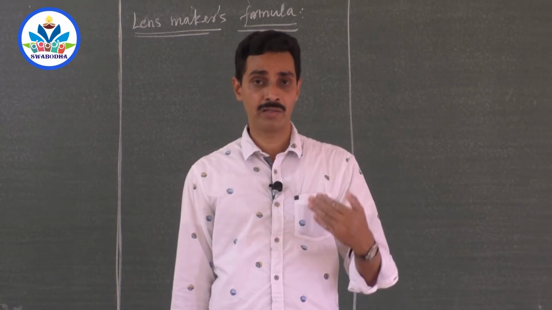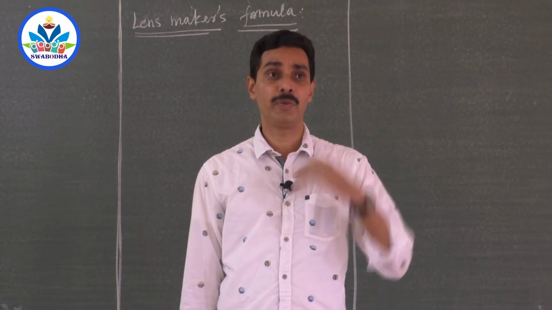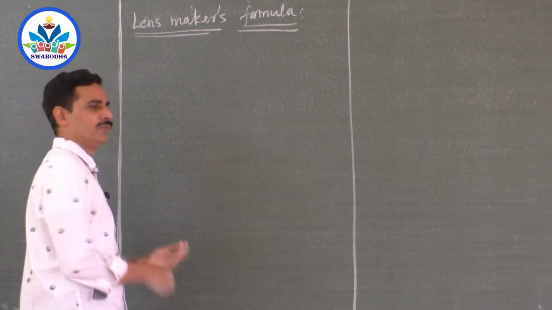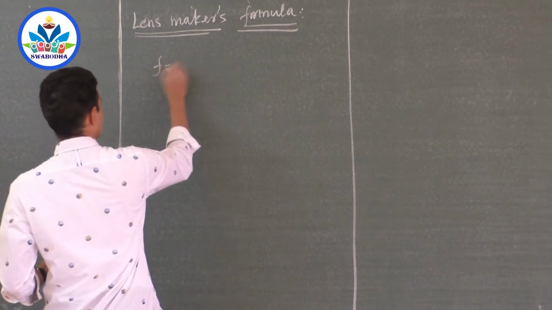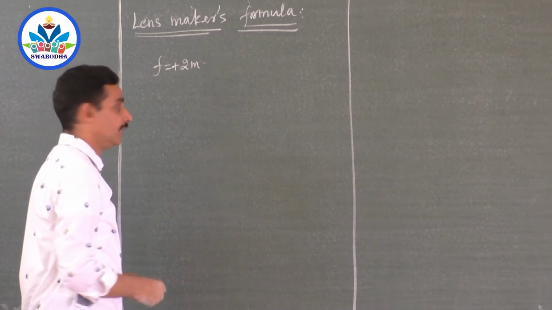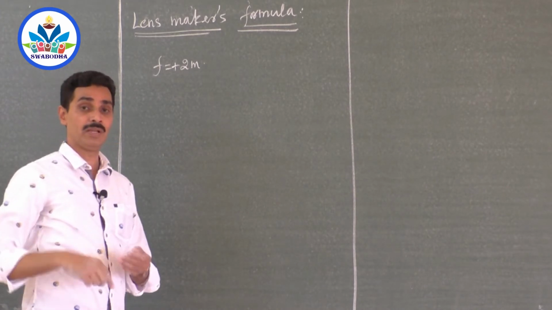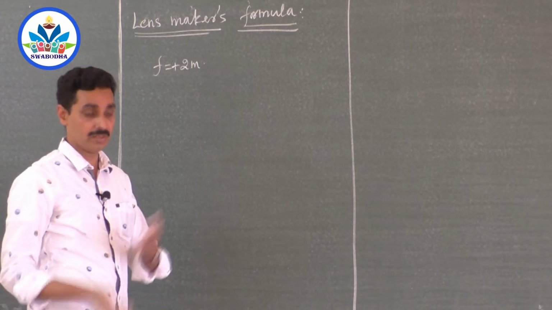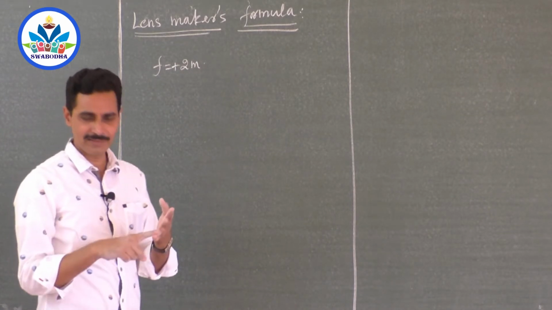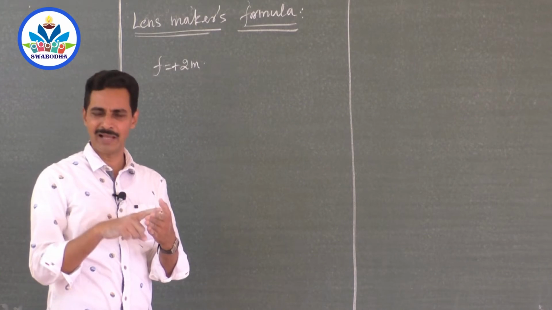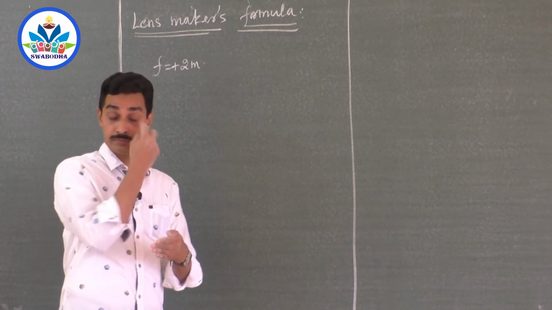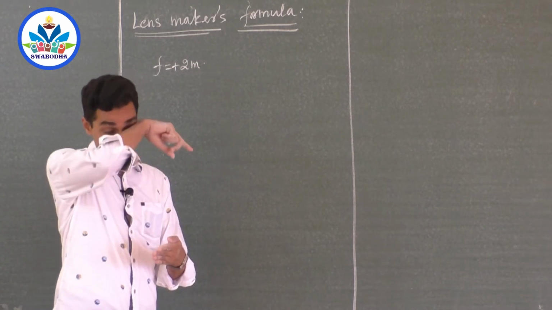If you want a lens of 0.5 diopter power, or I'll write the focal length. Suppose the doctor has prescribed a lens of focal length plus 2 meters, then the shopkeeper will ask you what type of lens you want. Do you want a lens made up of fiber, plastic, or glass, flint glass, this glass, that glass, or do you want a lens made up of diamond?